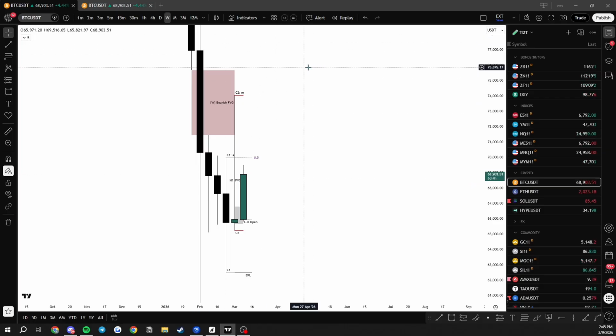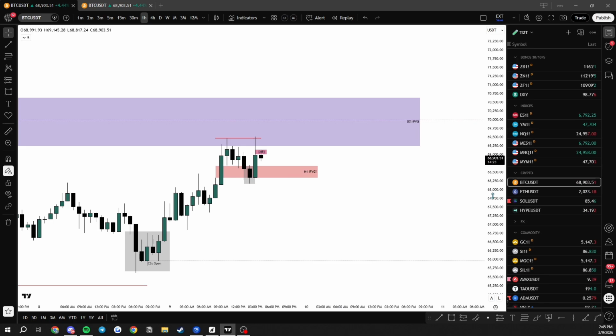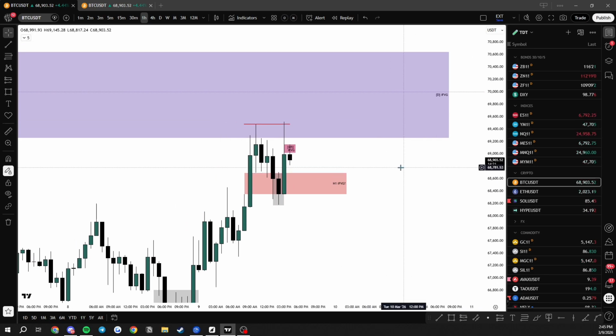The question just changes a little bit: when is candle 3's manipulation going to end? And we do the same thing. We find that key level, and then we wait for an inversion or a CISD or any of the entry techniques that I've been teaching you guys.